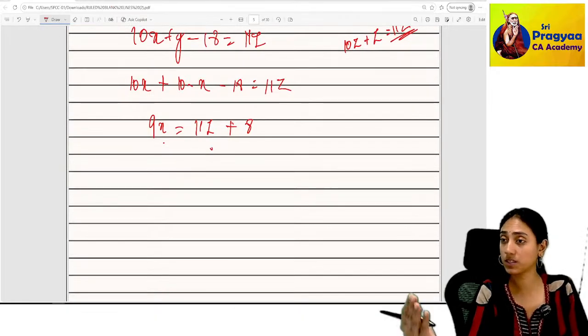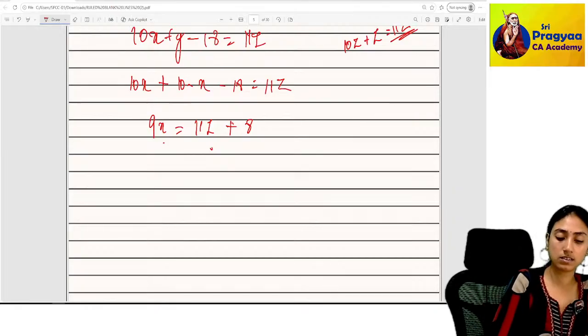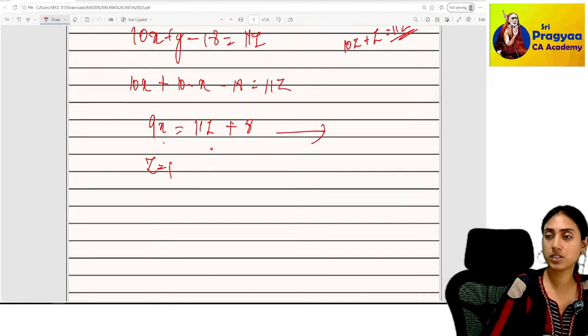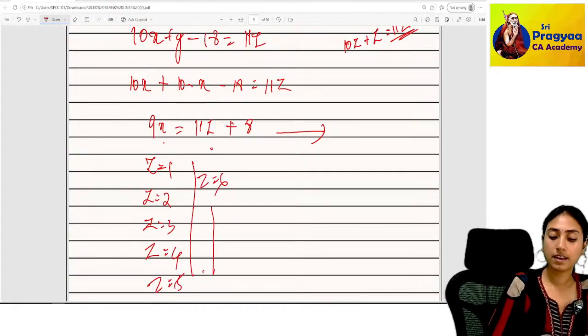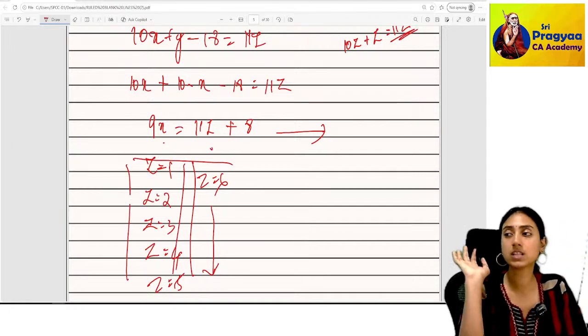What I am saying is, here assume z is equal to 1. Check if this equation is true. Assume z is equal to 2, z is equal to 3, z is equal to 4, 5, 6, and so on, and check for which whole number. See, this is purely concept I am teaching you.